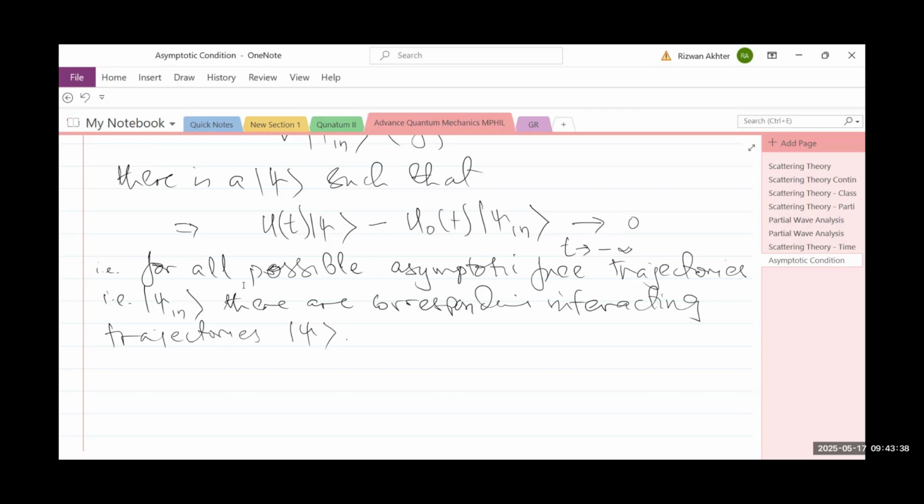So we are saying that there is a correspondence between interacting trajectories. Or what are interacting trajectories? Those trajectories at the time t equals 0, that is at the time of interaction of a particle with the target. That is basically the interacting trajectory, जिसको हमने psi से जाहिर किया यहाँ पर. That is, इसका मकसद क्या हो गया? i.e. this psi tends to free trajectories.